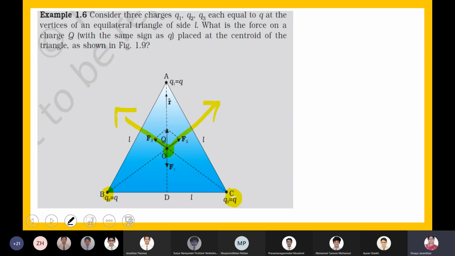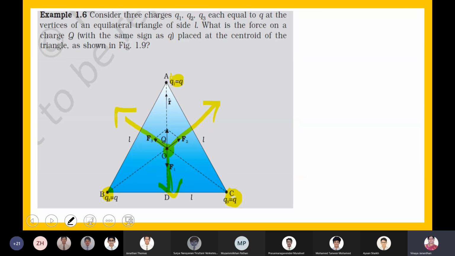Is that clear, boys? Now look at the other one. The charge which is at A will exert a force on Q. Both are like charges, so Q will experience a force F1, which is acting in the downward direction.